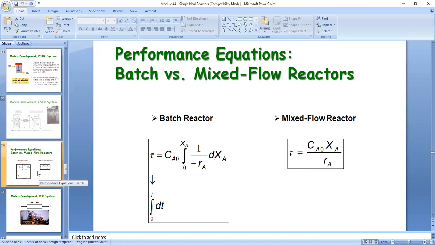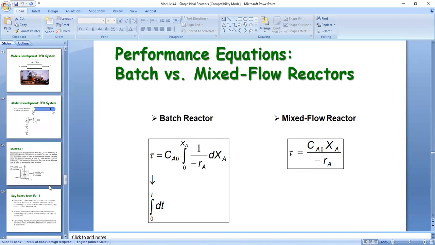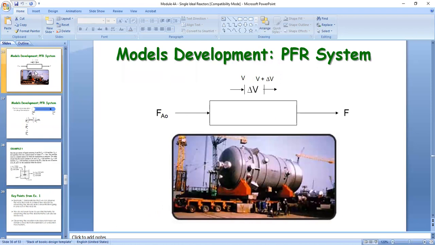Then we go to the last of the three ideal reactors, still classified as continuous, and that's the plug flow reactor or the tubular reactor. Now in here, we select this differential volume of fluid element in your tube or in your plug flow reactor.